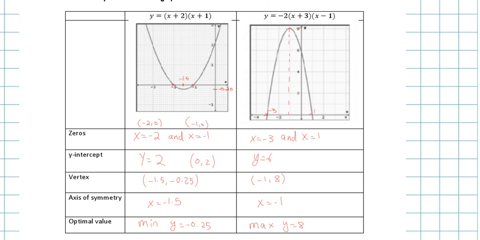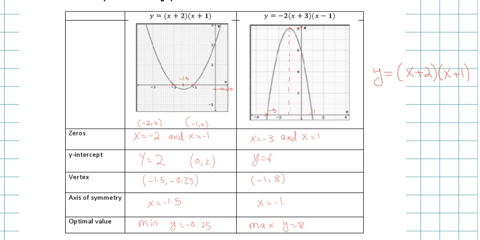If I look at the factored form, remember that your zeros are when y equals 0, correct? So if I have my equation, y equals x plus 2 times x plus 1, now y is equal to 0.